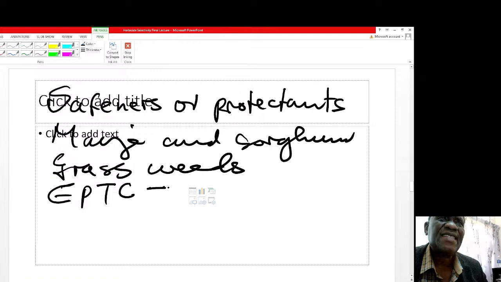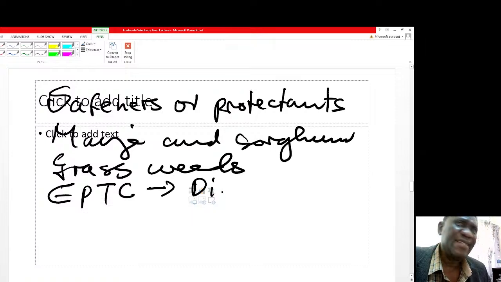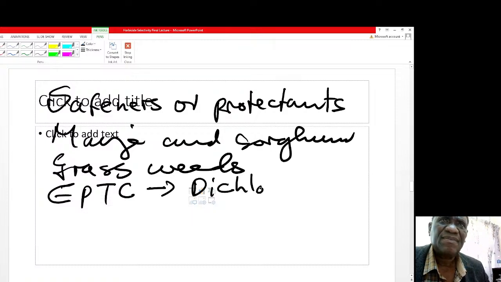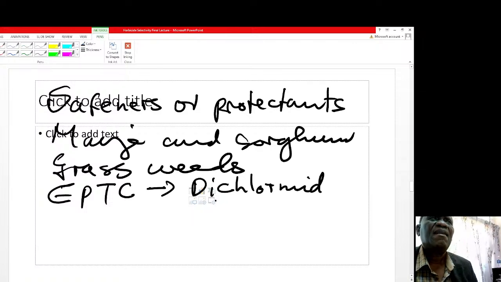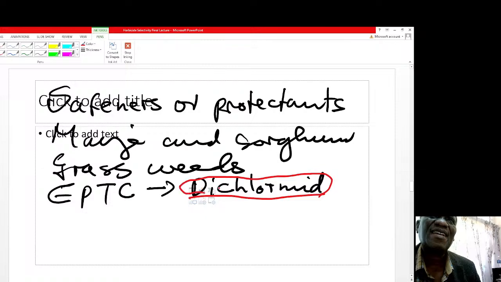But EPTC is used together with something known as dichlormid. Now this dichlormid is a safener, or a protectant.